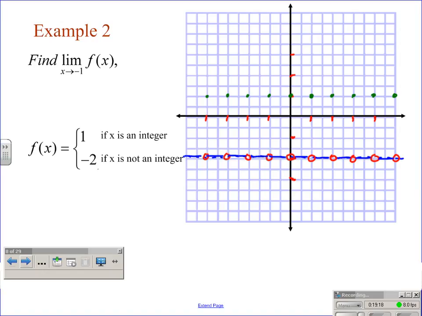All right, so in this case, we are looking for the limit of f of x as x approaches -1. So let's maybe look at the line x equals -1, and that would be here.